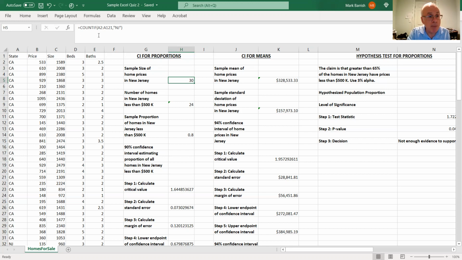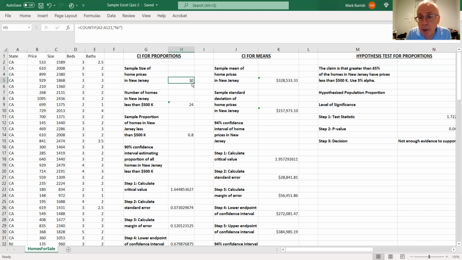I highlight all of those, and then comma, I'm going to ask Excel to look for NJ in column A. Every time it sees an NJ, it's going to count that. So there are 30 of these NJs in this column. COUNTIF counts all the ones with NJ. Notice I put NJ in quotes. And it comes up to 30.